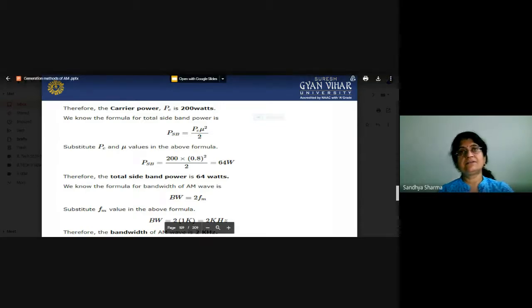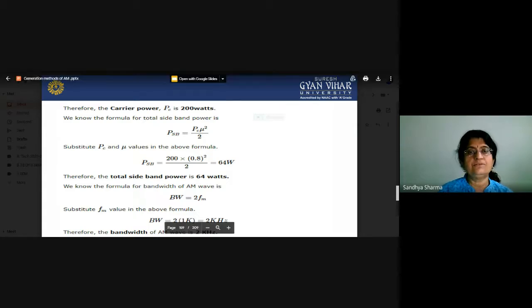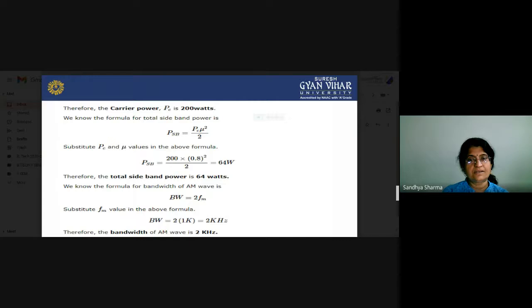In this way, we use the sideband powers only. So using PC and mu values in the formula, you can calculate the bandwidth.